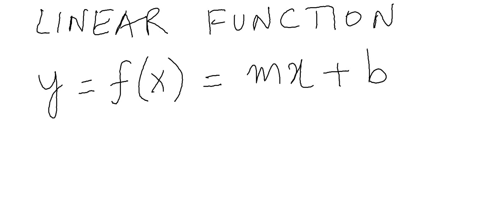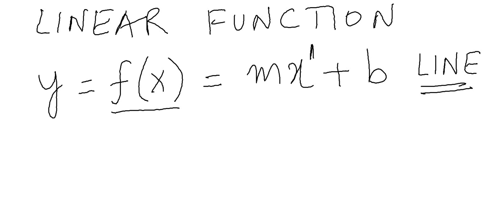Okay, so it is a function of x and it is linear, so x is to the power 1, and you know that this is the equation of a straight line, and hence the word linear function.